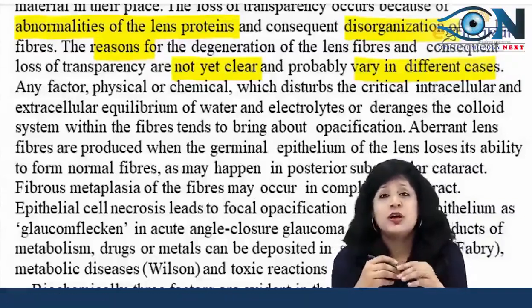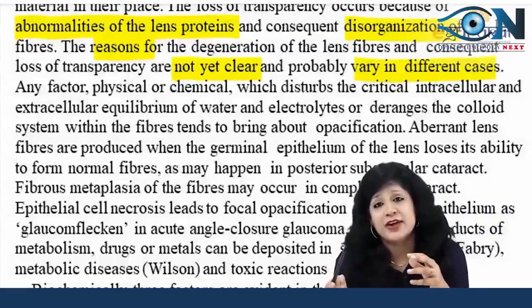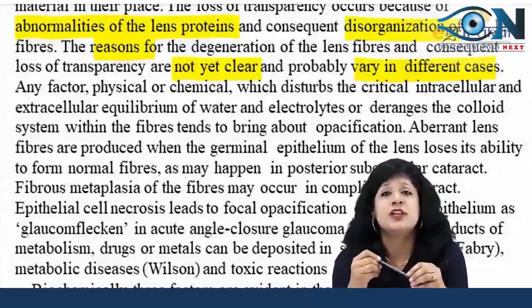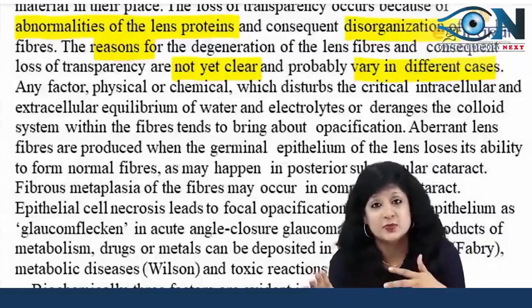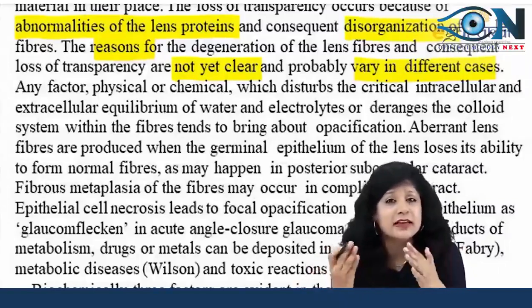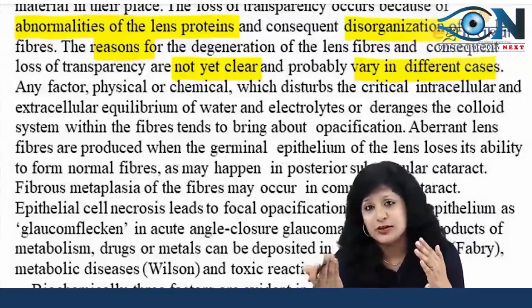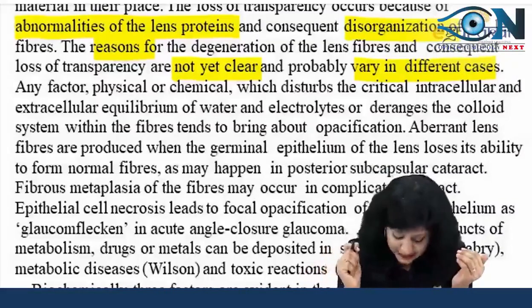Okay, so different kinds of cataracts do have different kinds of etiologies. The exact mechanism is not known, though in some cases we do know quite a few linking things which may be leading to the degeneration and disorganization of the lens fibers.